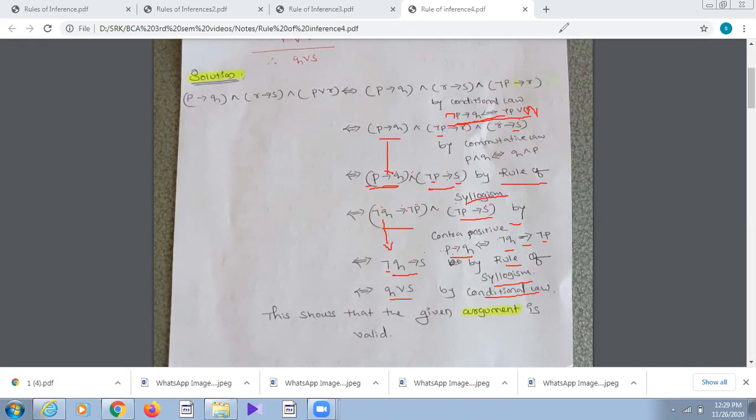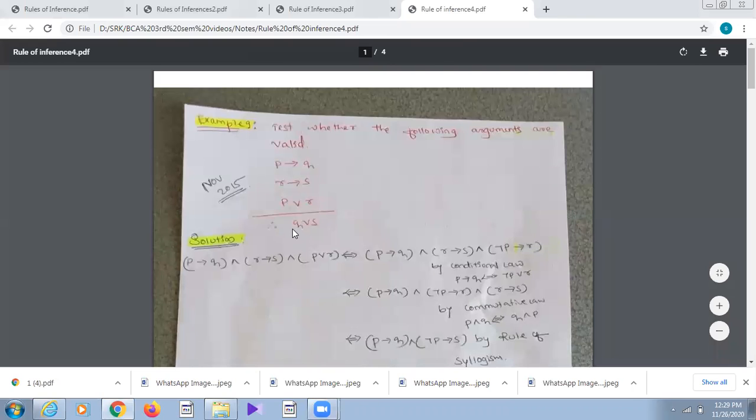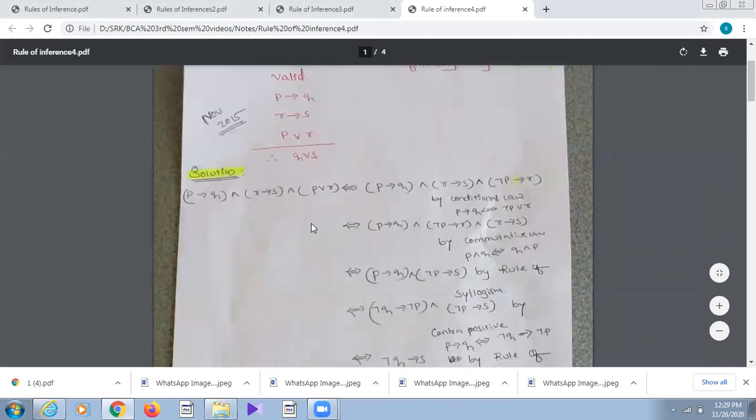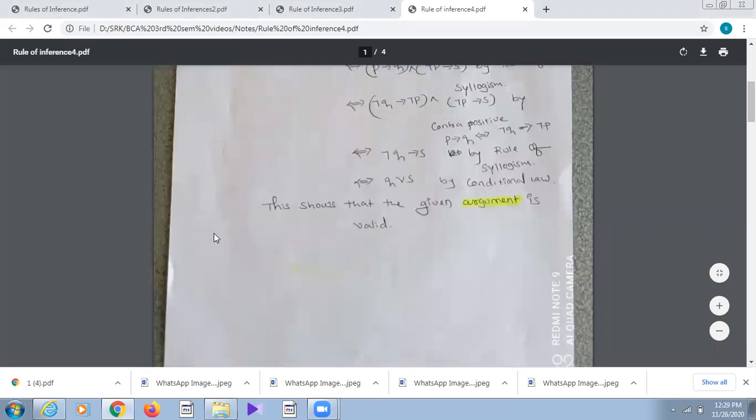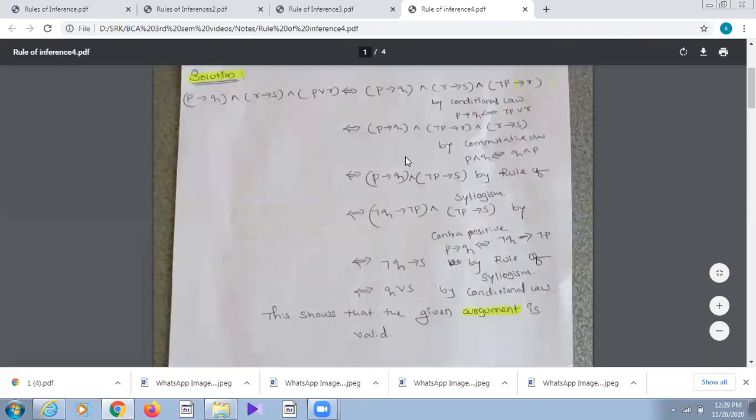And here we got the last step, that is Q or R, Q disjunction R. In the conclusion we have Q disjunction S. So this particular argument is valid. When we get the conclusion, we say that this whole argument is a valid argument. Any doubt in this problem?